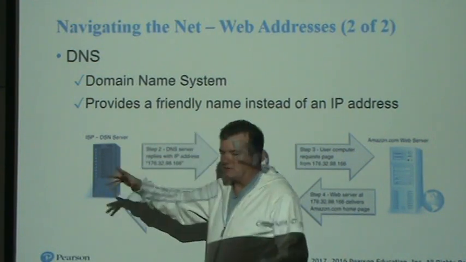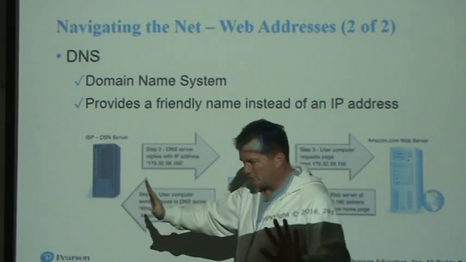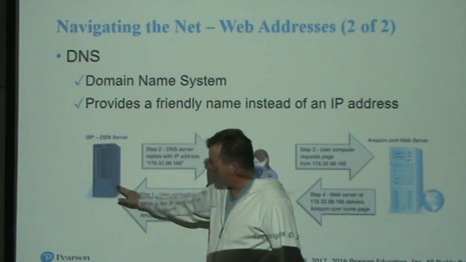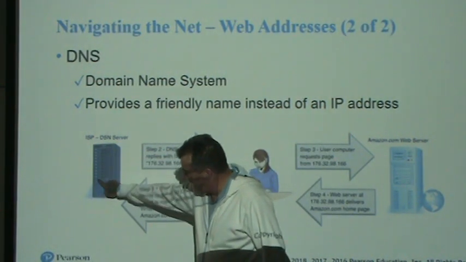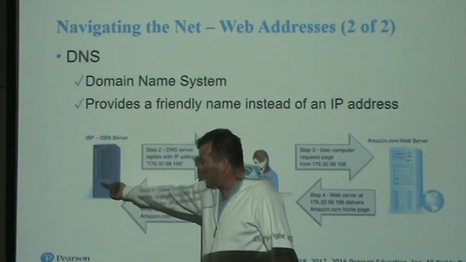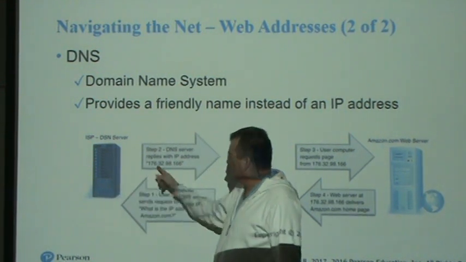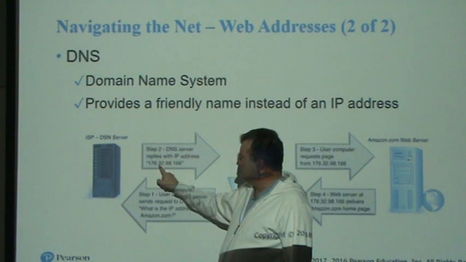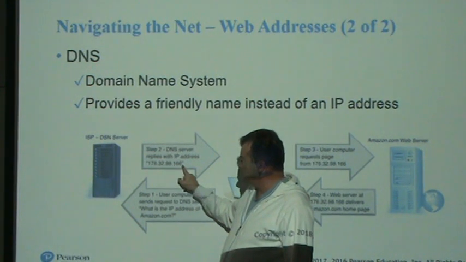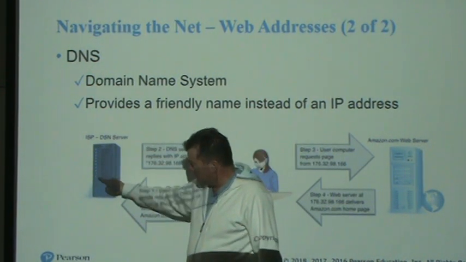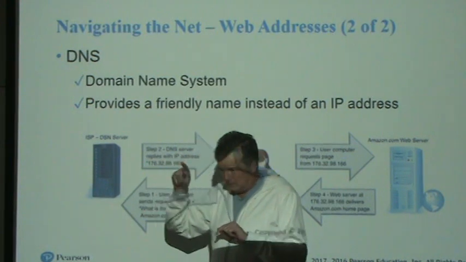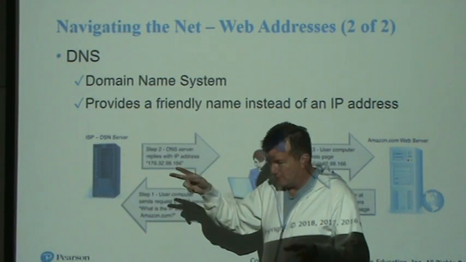Big company like Amazon has many, many servers to handle a lot of traffic. But let's just say this table, which maps names to IP addresses, returns a number, that's it, right here: 176.32.98.166. So they basically looked up in a table, what is Amazon's number?